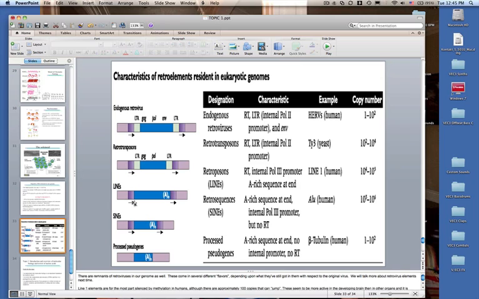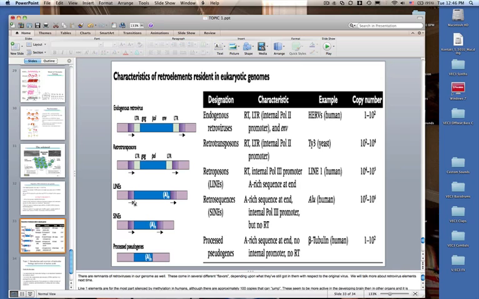The polymerase is where the reverse transcriptase and the insertion proteins are. And the envelope, as the name implies, are the envelope proteins, the glycoproteins. So if you don't have envelope, you can make all the retrovirus you want and you can't go anywhere, because you don't have any glycoproteins to actually leave the cell.